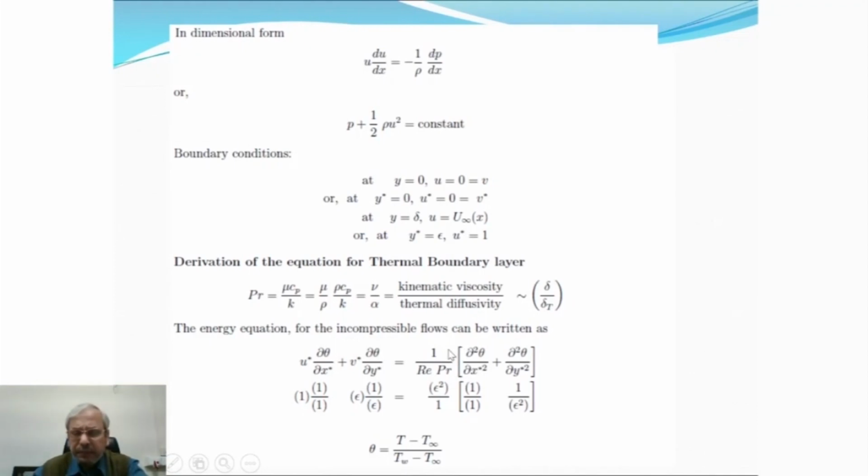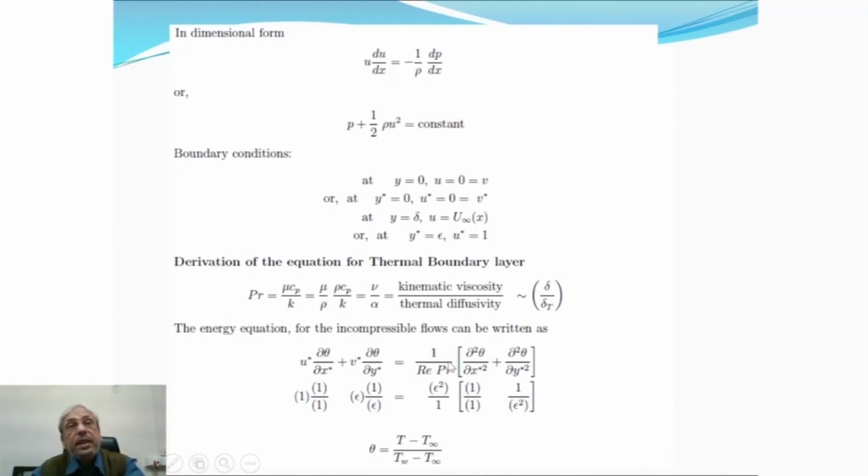It ranges from basically 0.6 to 0.72, 0.73, something like that, depending on temperature. Usually the value used is 0.7, and 0.6 is not correct, 0.7. So for all those values, the 1 by Reynolds number order will not change.